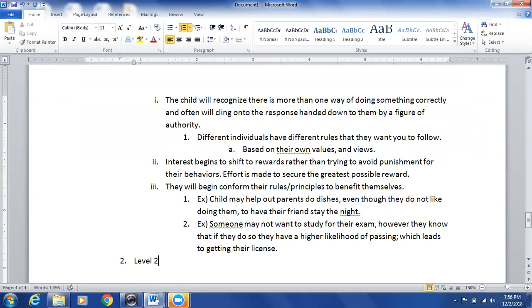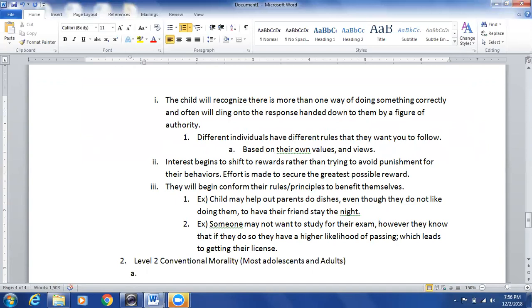So level 2 is the conventional morality. And this is the stage of most adolescents and adults. So this encompasses a big thing, but keep in mind different levels, different stages.